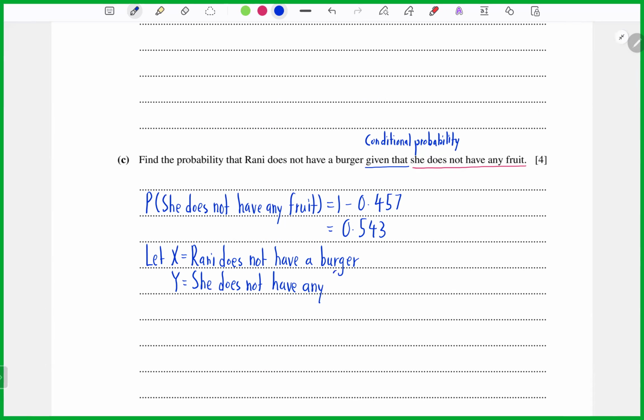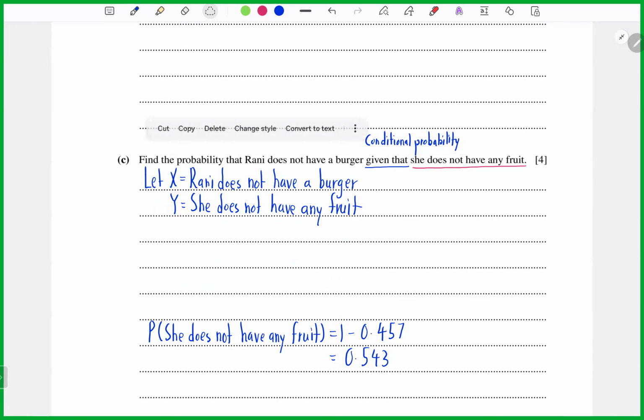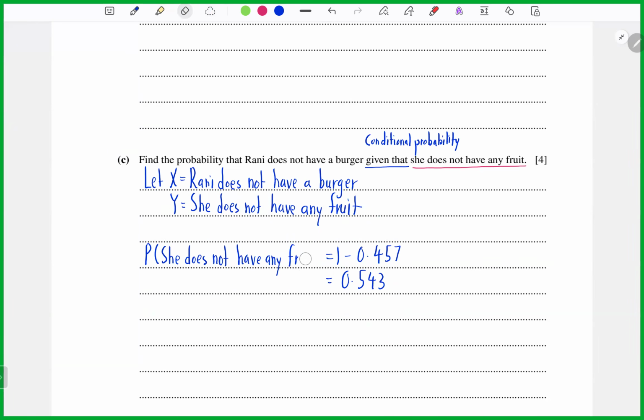I use these symbols because it makes it easy. So I try to erase this part. Alright, so I can write here y.